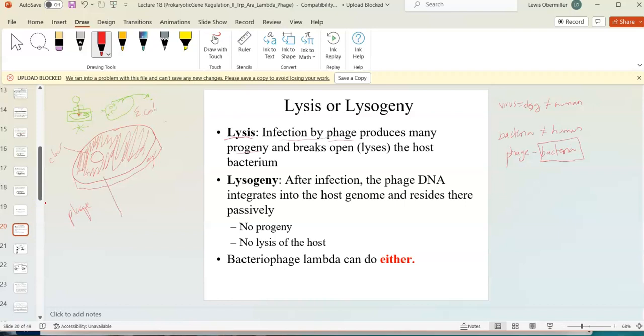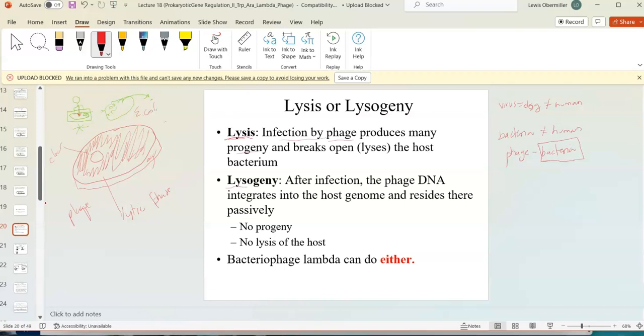So if you see a plaque, you know that this is a lytic phase. So the virus is undergoing lysis. It's actively infecting neighboring cells and destroying the bacteria.